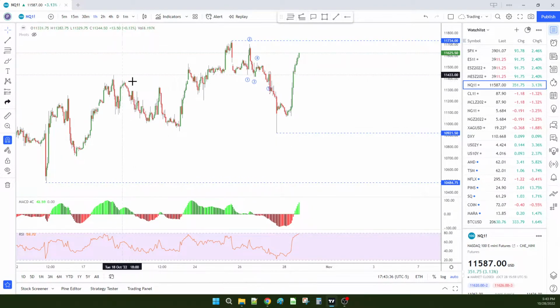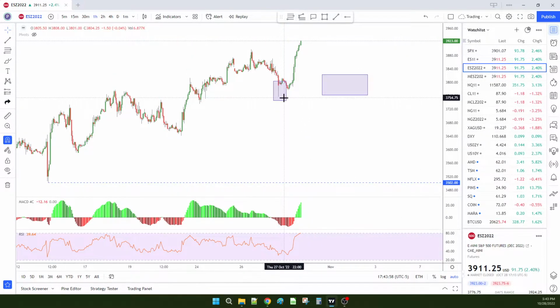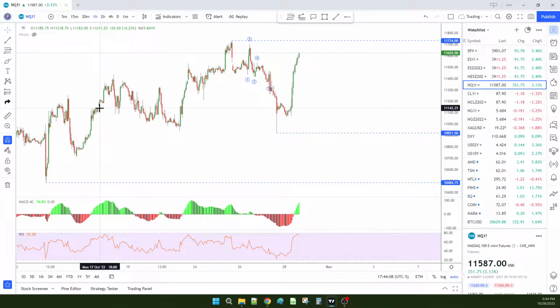So that's W, X, and then 1, 2, 3 up for Y. This is the X wave, and that's because this low broke that. If it stayed above and then was starting to go up like the S&P did, like this didn't break down here. So that's why I'm thinking the NASDAQ is making WXYXZ.